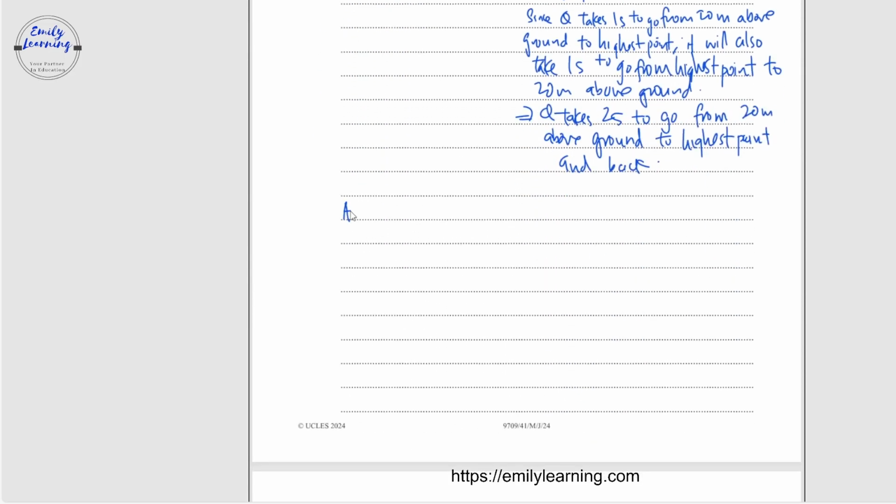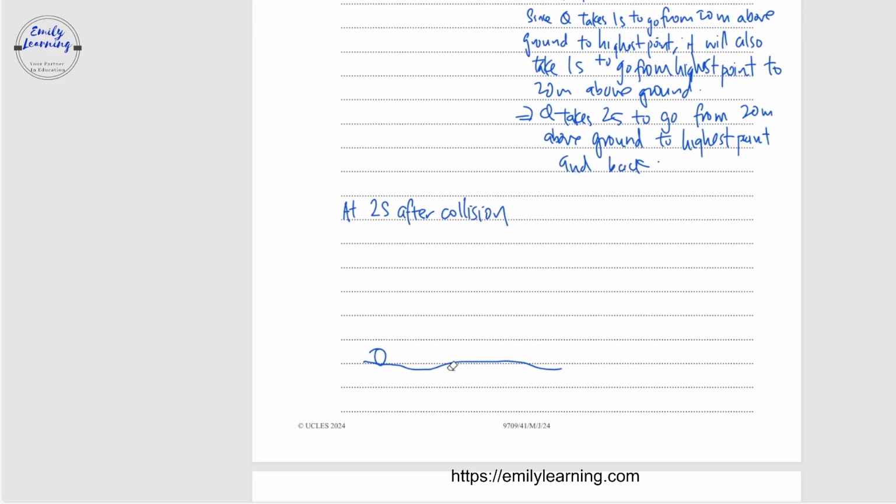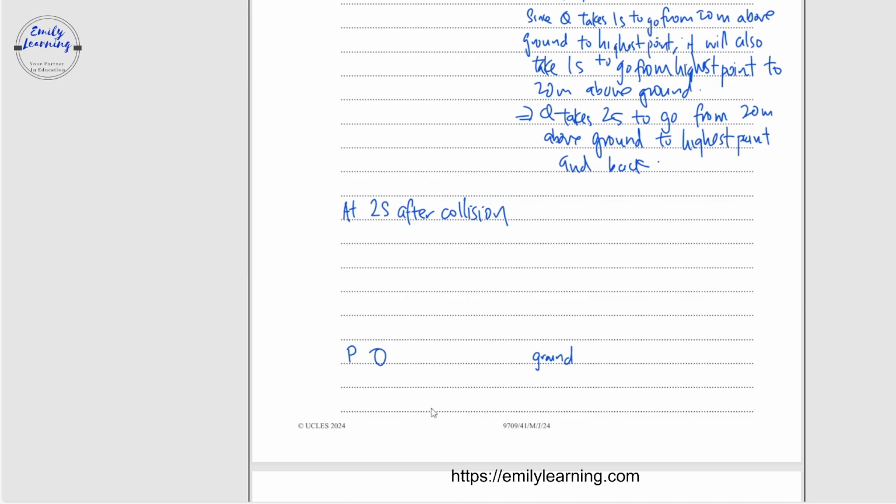So at 2 seconds after collision, we know this, right? P is at the ground. Let's just assume that this line here is the ground. This is P. And Q is here, which is 20 meters above the ground.